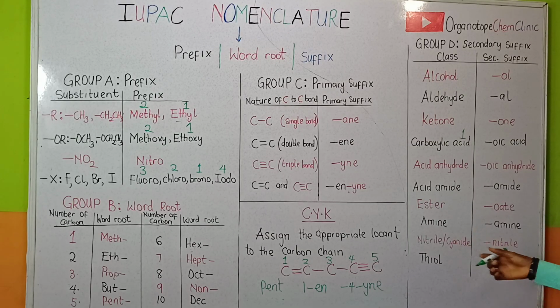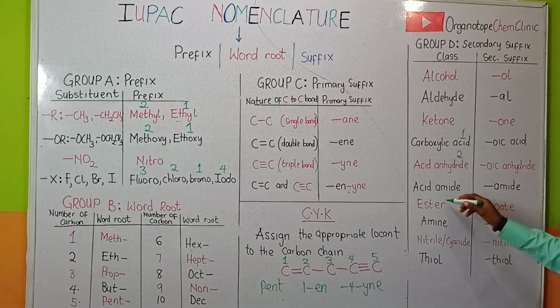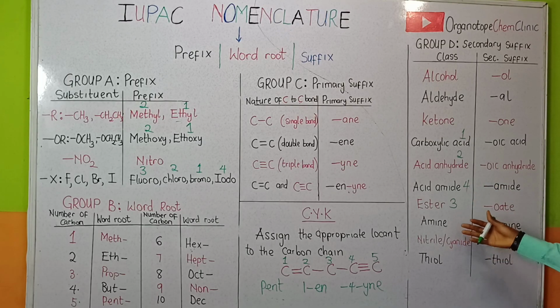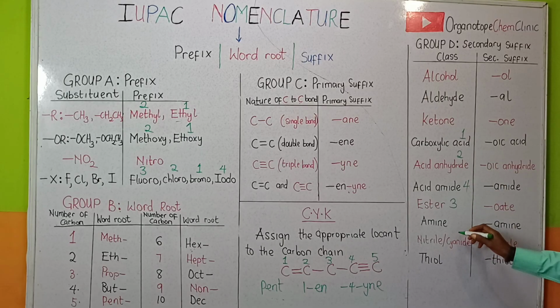So the next functional group will be the acid anhydride. After the acid anhydride, we have the esters. After esters is what? That's correct. We have the acid amide. Then after acid amide, we now move to the nitrile. We have nitrile right here.